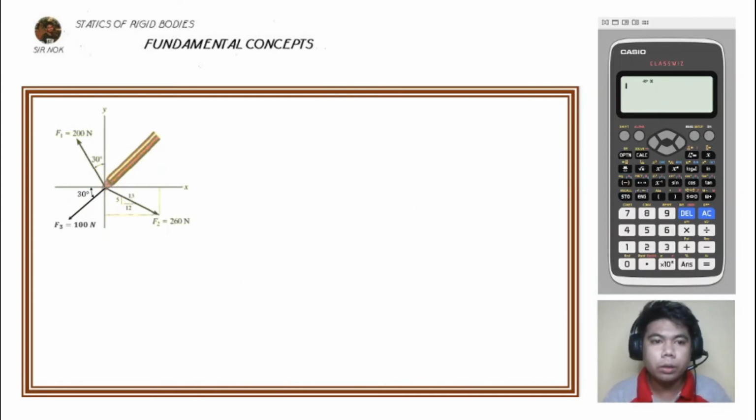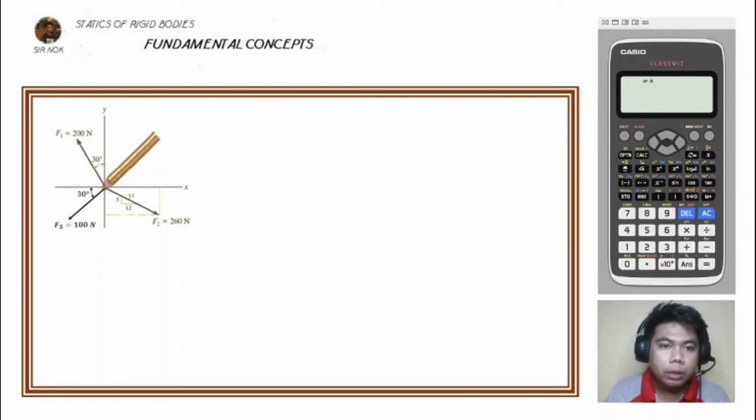So next, we're going to solve the x and y components of force 2. That is F2, which is 260 Newton at quadrant 4. There is a small slope triangle with sides 5, 12, and 13.